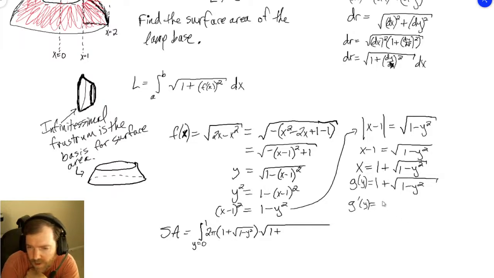of y is going to be equal to, this is going to take down, this is 1 half, parentheses 1 minus y squared raised to the negative 1 half, multiplied by the derivative of the inside is going to be a negative 2y.